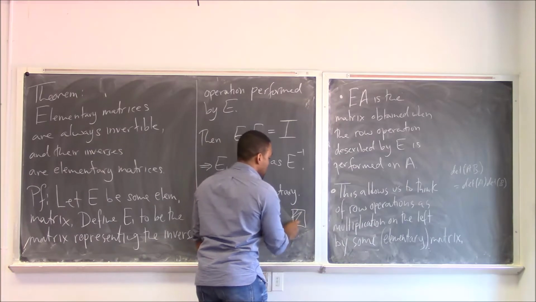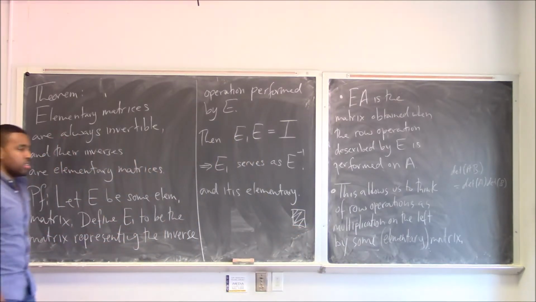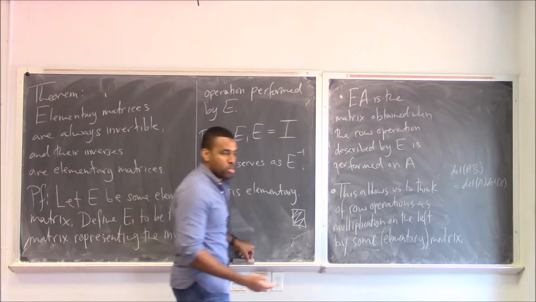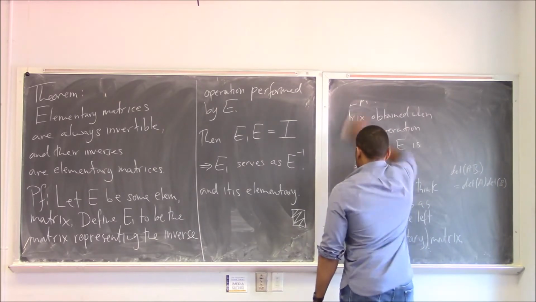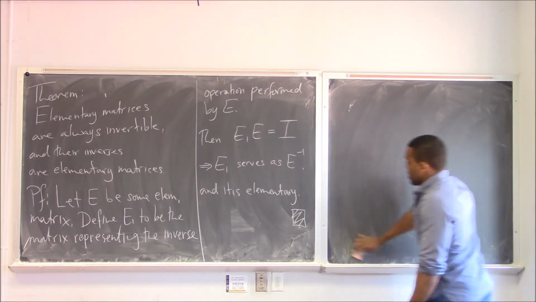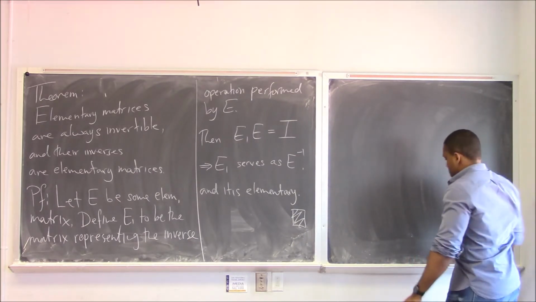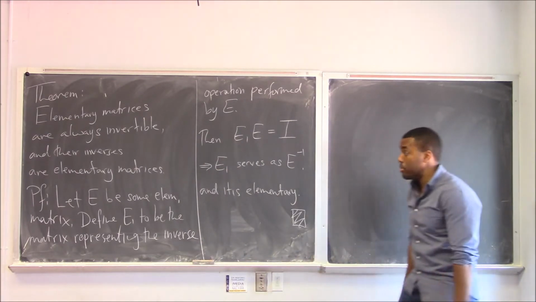So the invertibility of the row operations leads to the invertibility of the matrix that represents the operation. That's a nice thing: elementary matrices, we can always undo by doing the opposite of the thing that created them.